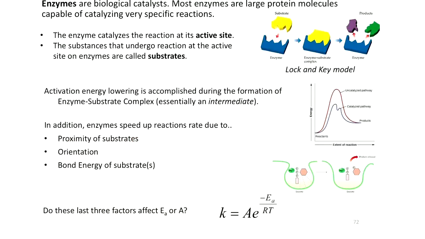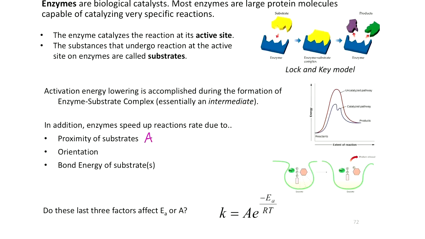If we bring the reactants closer together, what component of our Arrhenius equation increases? Is it the frequency factor of collisions, or is it activation energy? If we bring reactants closer together, A actually increases, so that's why the reaction speeds up.